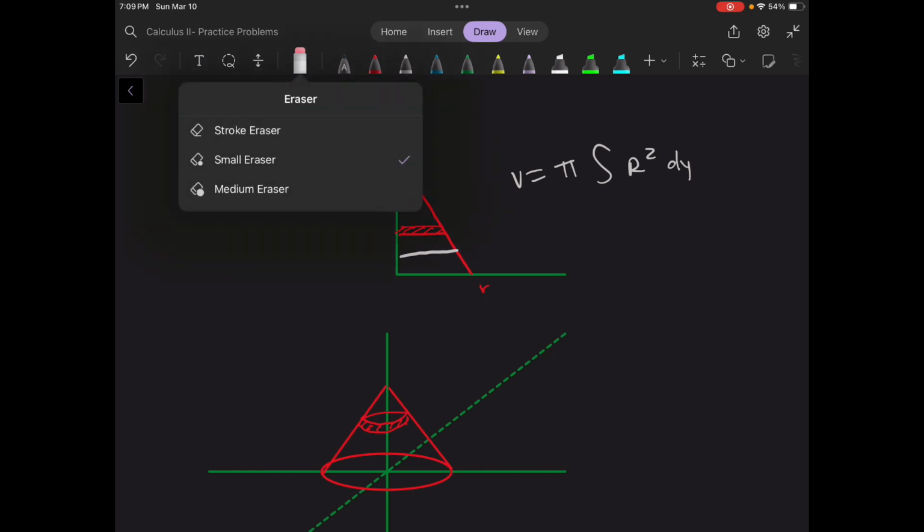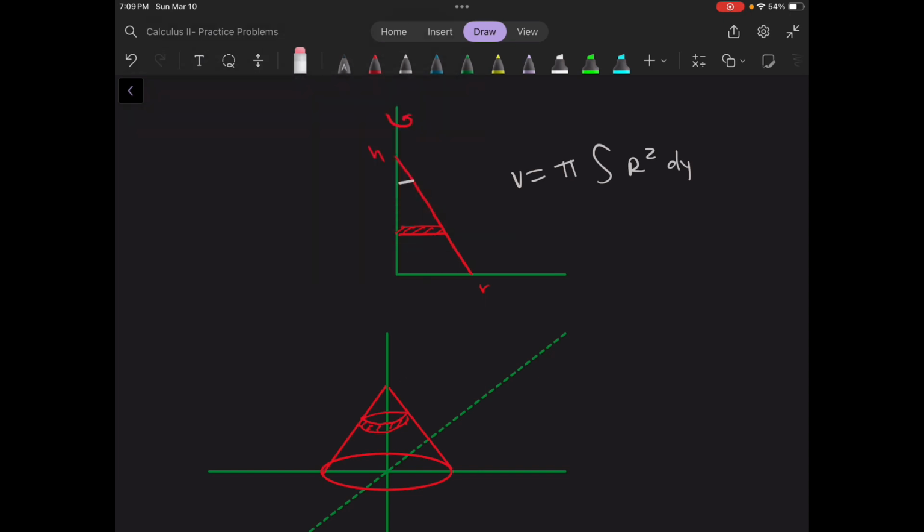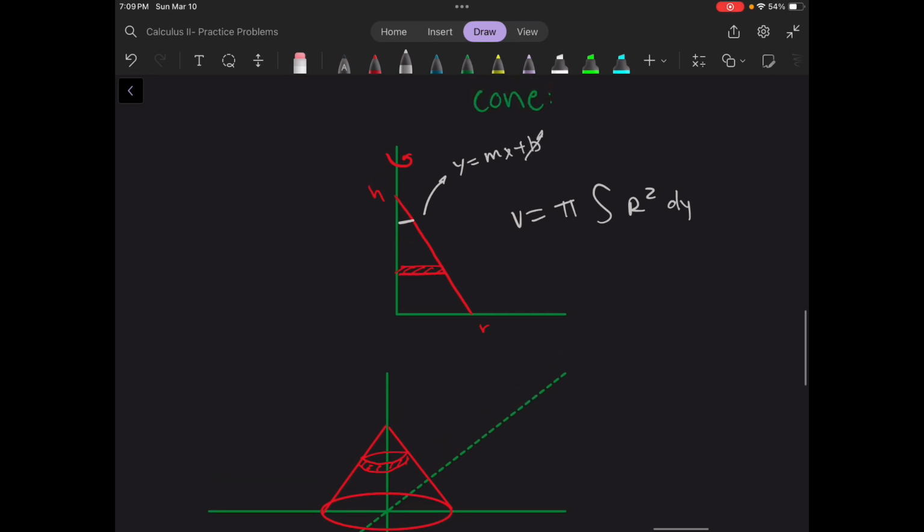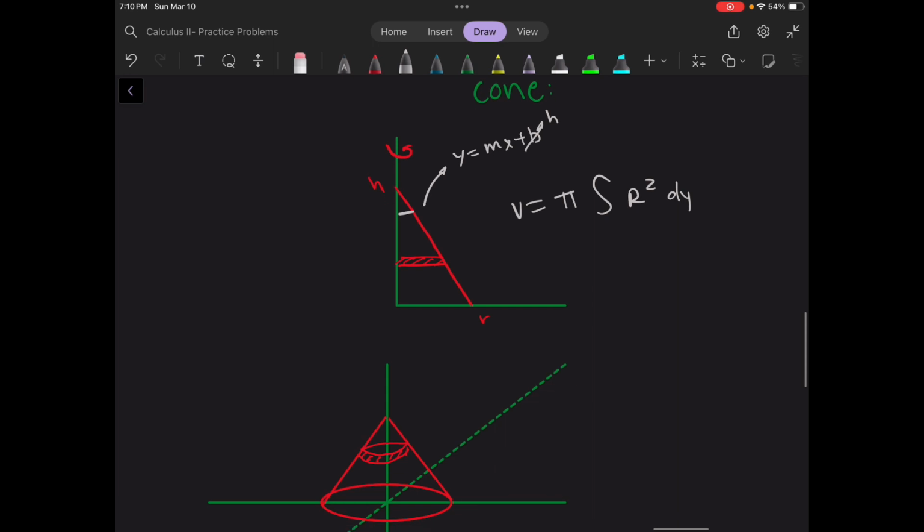So let's look at this line, right? It's a line, so it has an equation mx plus b. We know what b is though. b is the y-intercept, and we know that is h, right? But what is m? m is a slope, rise over run. Let's see if we can figure out the rise over run from this picture.